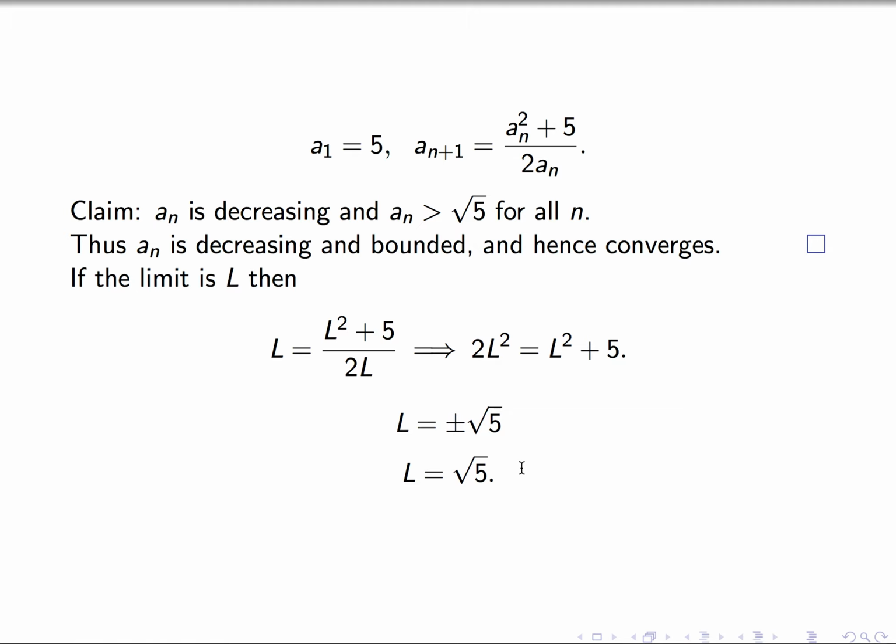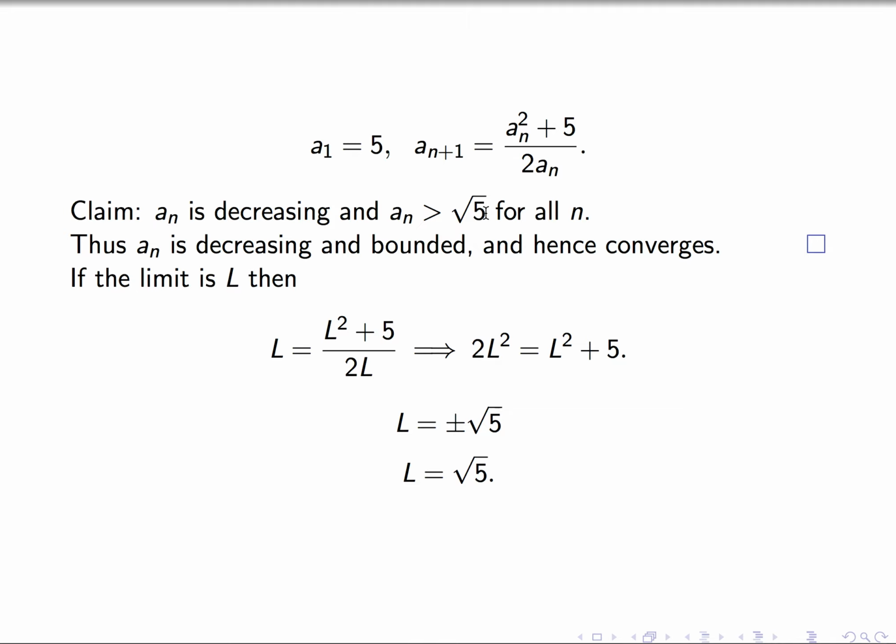Maybe a question for you to think about in the comments. A good question I just thought of when I was making this video is, it would have been a heck of a lot easier for us to show that a_n is decreasing and that all the terms are bigger than 0. In fact, as we just said, it's really easy to see that all the terms are bigger than 0 because there's just no way that we could ever get a negative number, right?